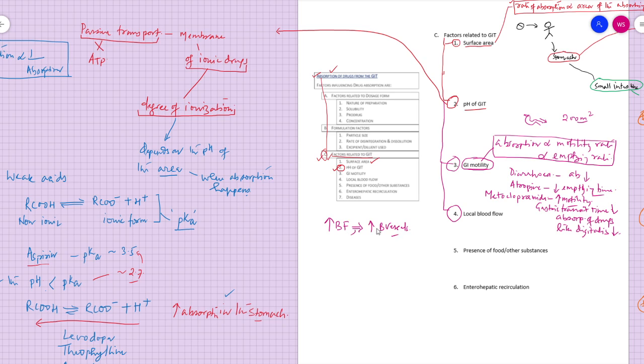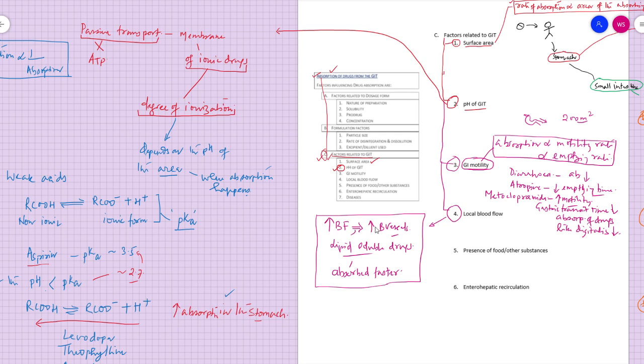If there are an increased number of blood vessels, lipid soluble drugs will be absorbed faster. So that's the rule of thumb.